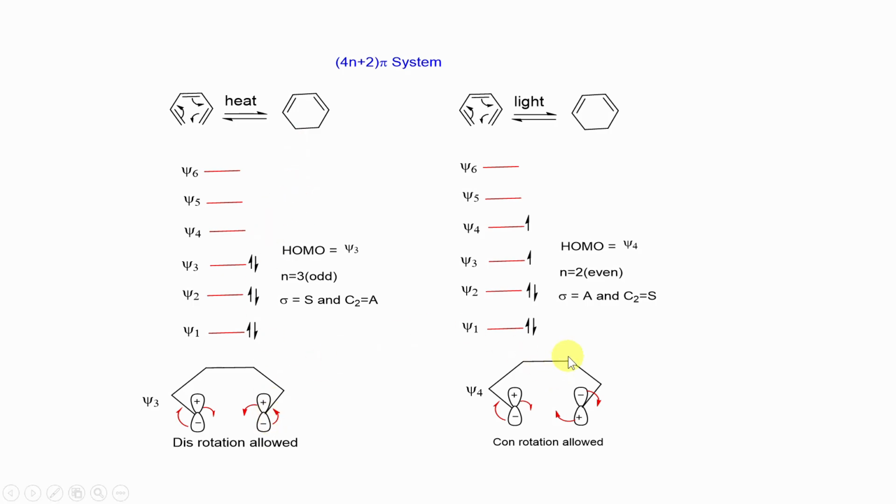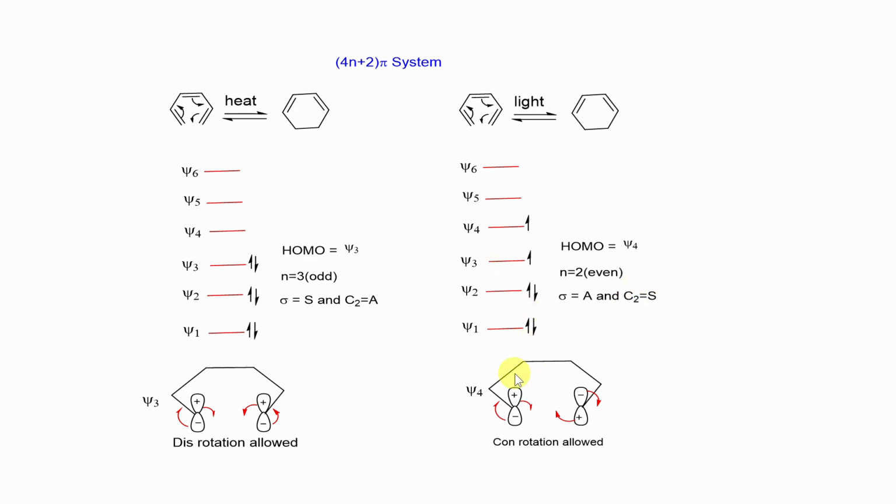Then if we irradiate the molecule hexatriene, one of the electrons from the ψ3 molecular orbital gets excited into the ψ4 molecular orbital. Now the ψ4 molecular orbital will be the HOMO after irradiation of the molecule. Then 4 is an even number. So this molecular orbital will be antisymmetric with respect to the mirror plane and symmetric with respect to the C2 axis.